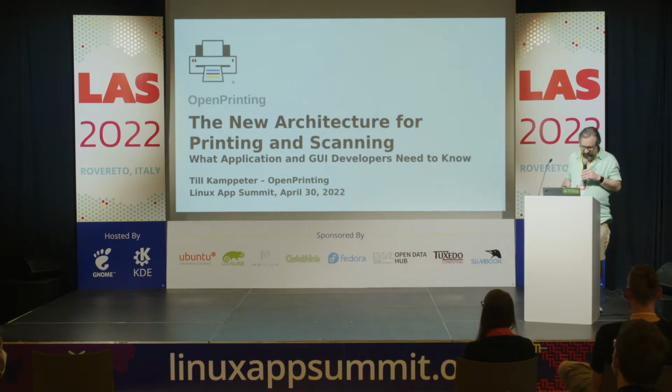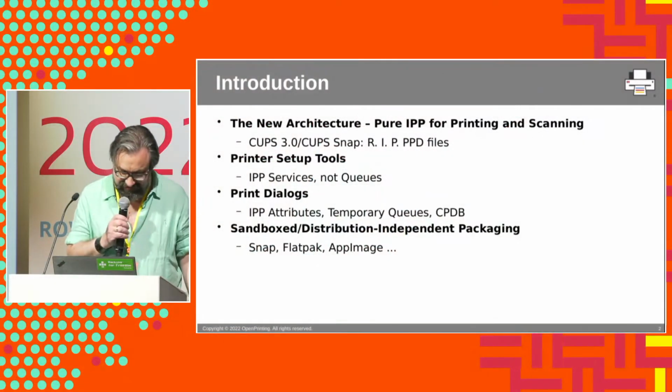So it's about the new architecture, mainly of printing, but also a little bit of scanning. At first it will have 4 sections. Once I will introduce the new architecture of printing and scanning.